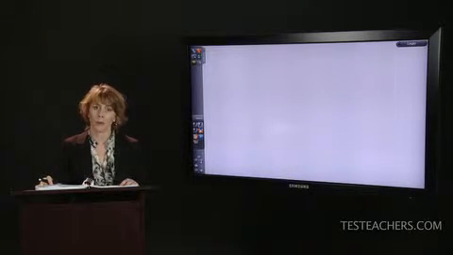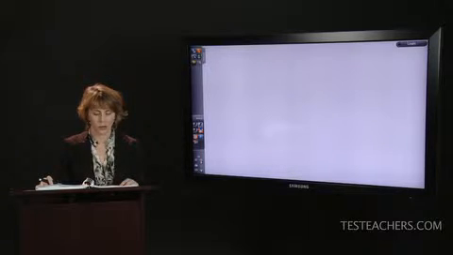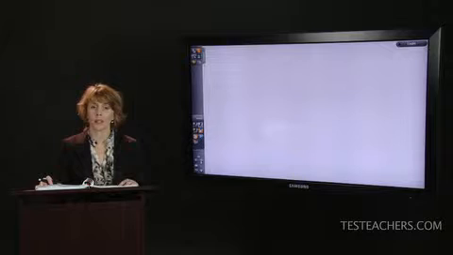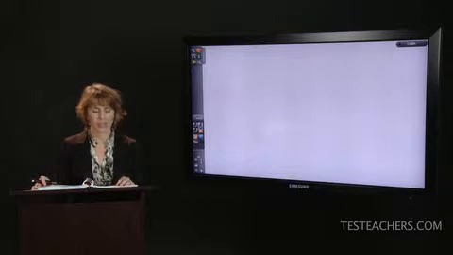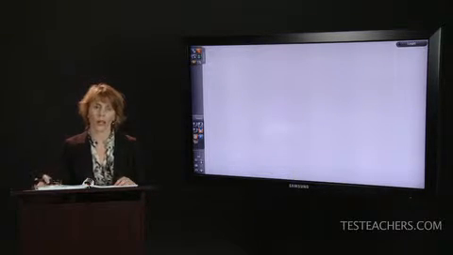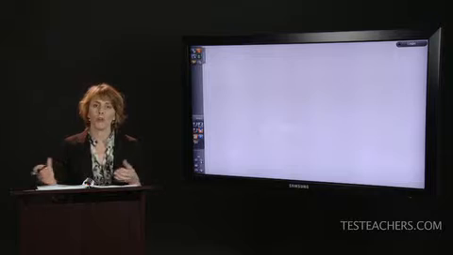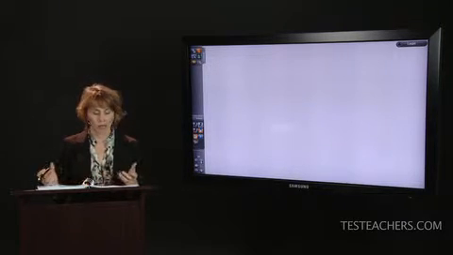S corporations are limited to only 100 shareholders. And a Schedule C sole proprietorship is limited to only one owner. So sole proprietors have the hardest time raising capital. The only place they can really go is to a bank. They have no ability to have outside investors.